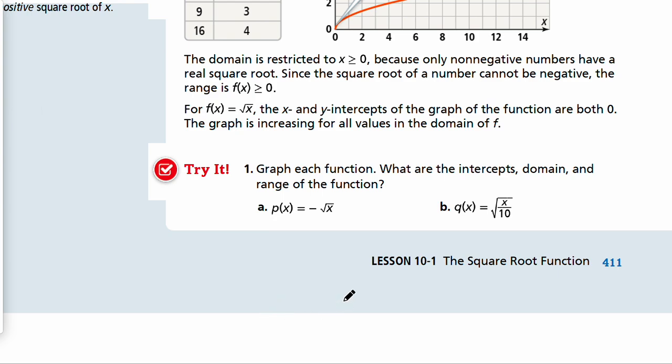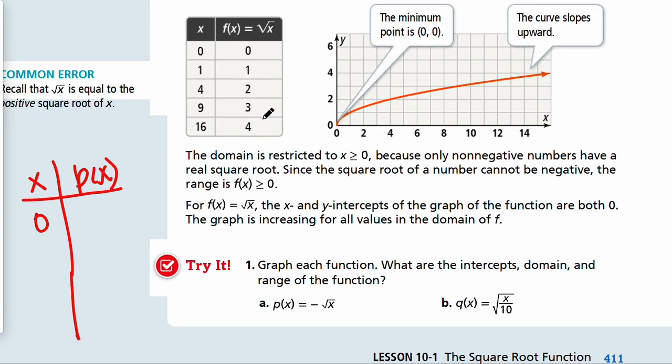If you look at the first one, you have a table of values, x and p of x. When x is equal to 0, you still have the same values, except the outputs become negative. 0 is 0, but if x is 1, the square root of 1 is 1, and the negative of that is negative 1, right?